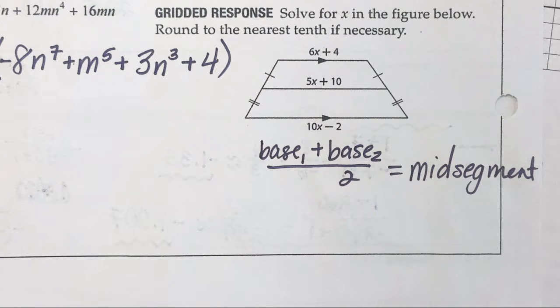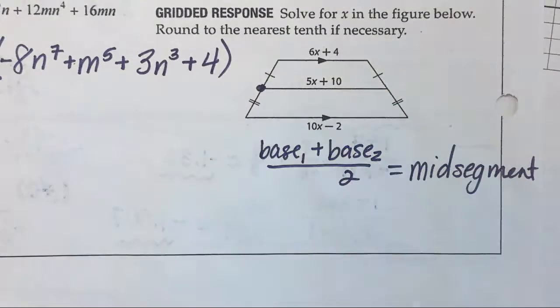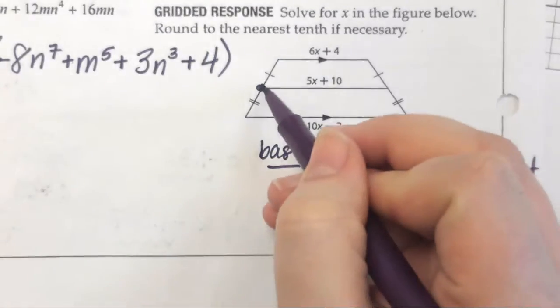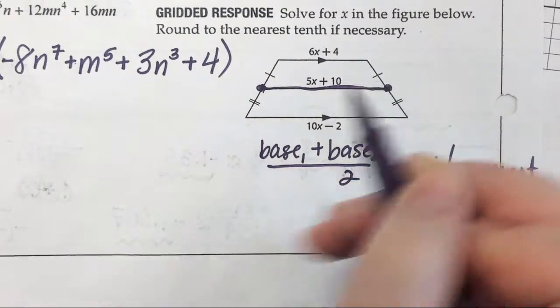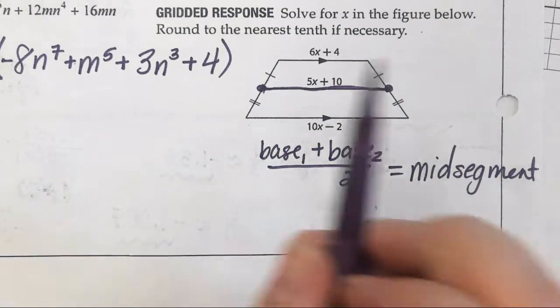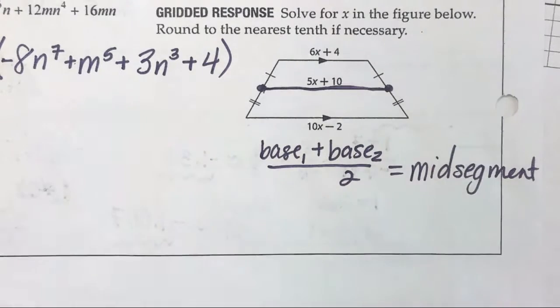So if I were you, I'd make sure that key word was in my response. For some reason, some in first and second period put the word midpoint instead of mid-segment. If you put the word point, that implies a point. Segment implies a segment. Make sure you're using your geometry terms correctly, or else they're going to think you don't understand geometry, and you do.